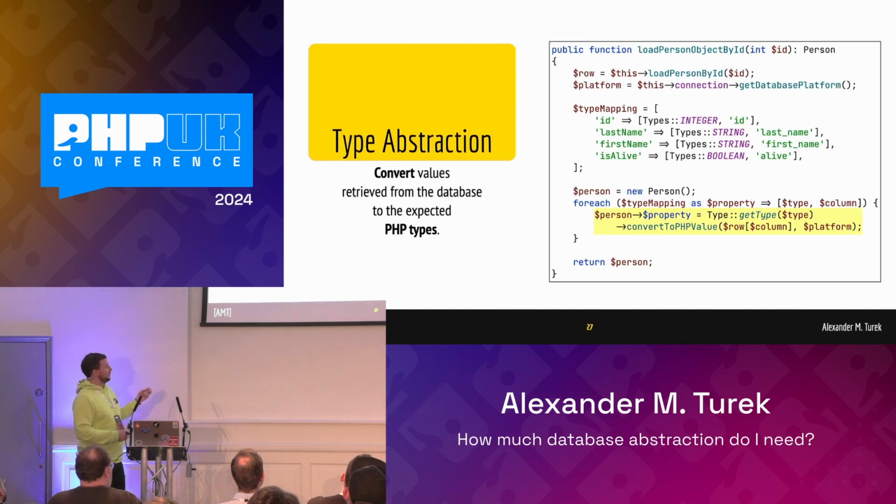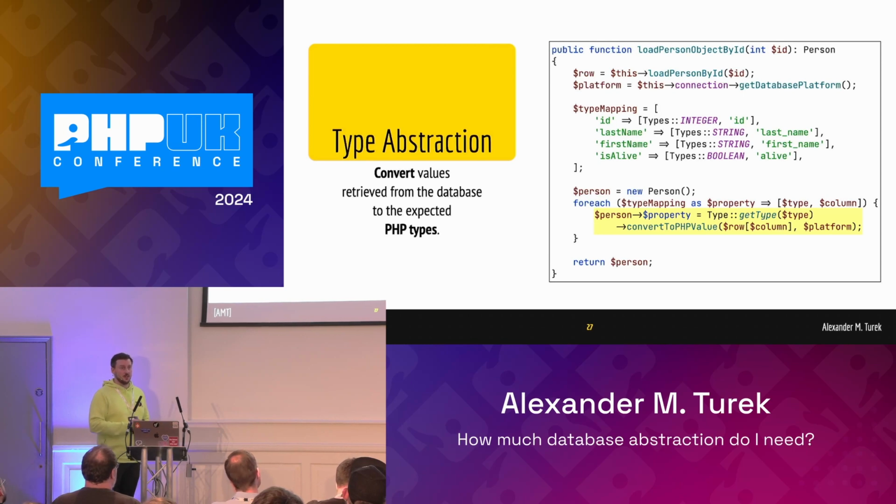So for instance in MySQL, this would be a 1 or a 0. In Postgres, it would be a T or an F. So each database wants to have their booleans differently, and it is very nice to have an abstraction for this. The same goes for dates, for instance.